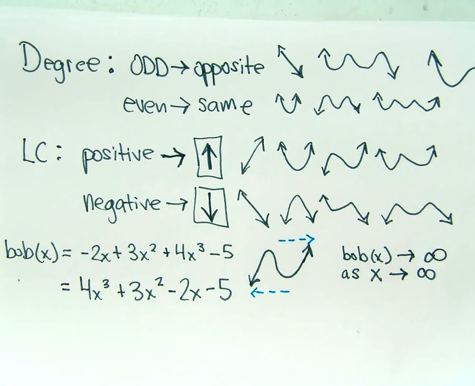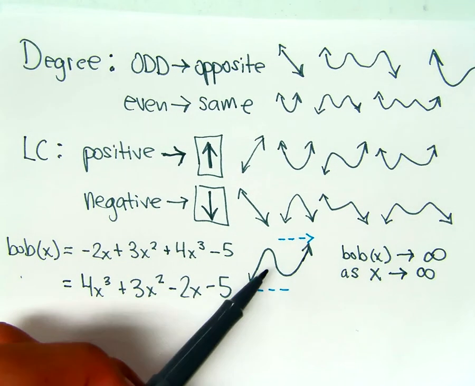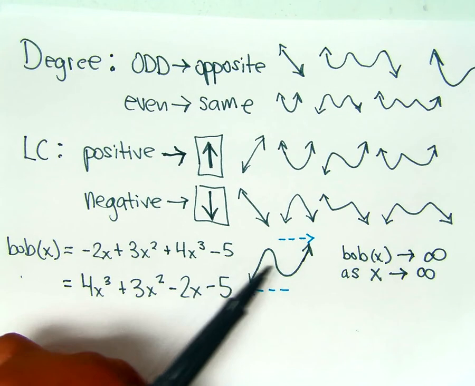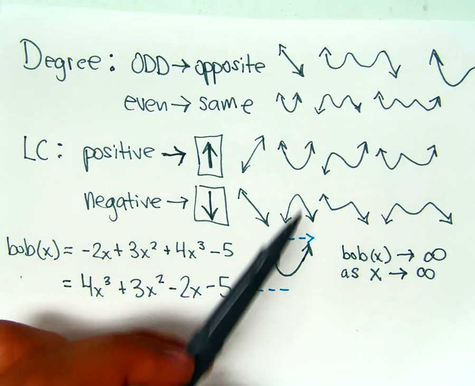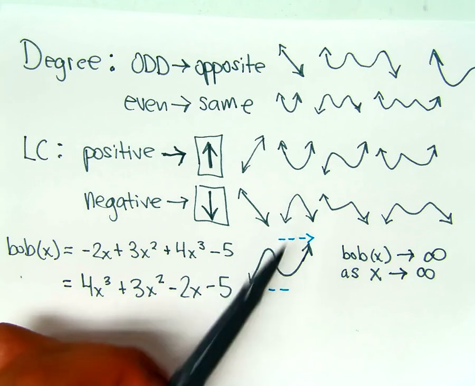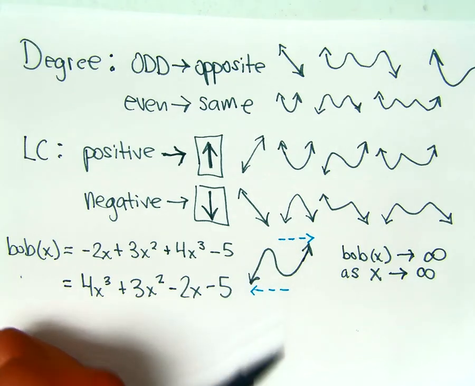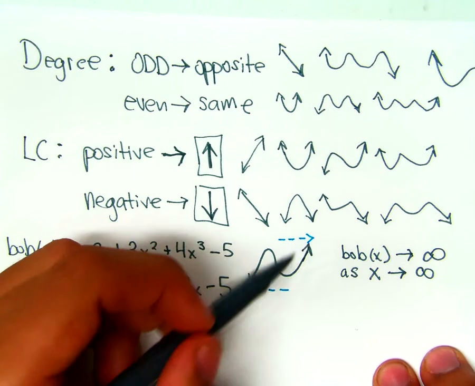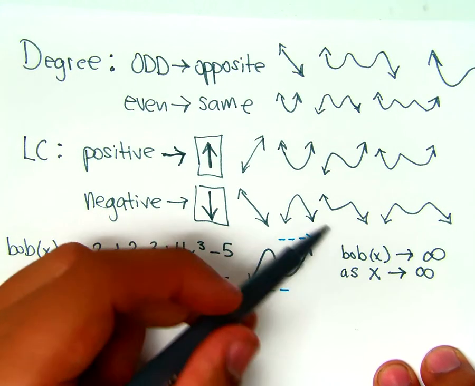That was going towards the right direction. So right is positive infinity, left will be negative infinity, up will be positive infinity, and down will be negative infinity.